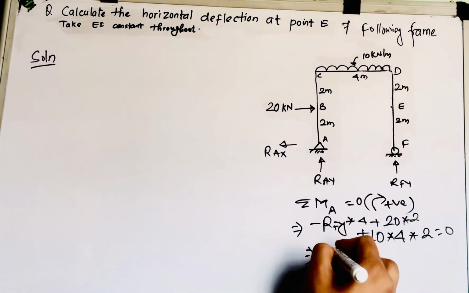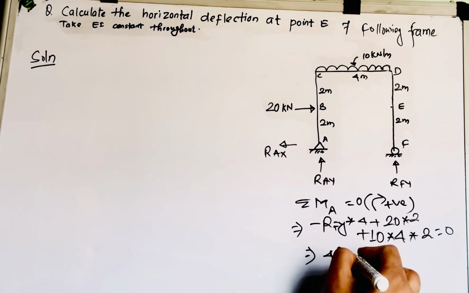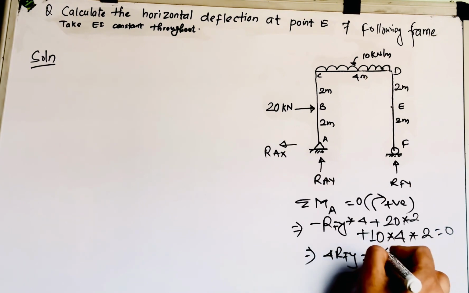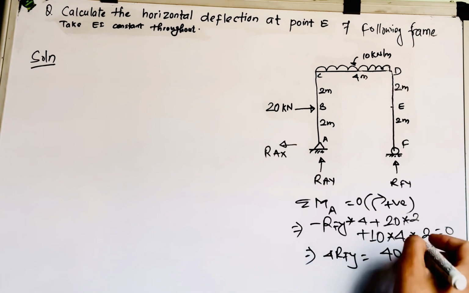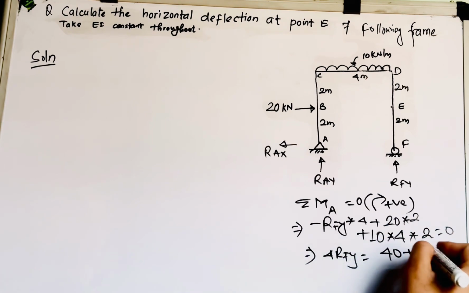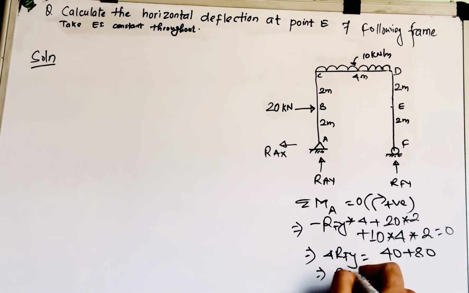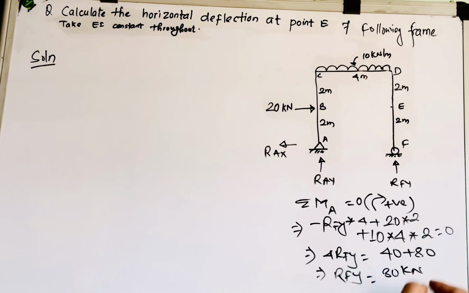If you solve this, 4 RFY equals 40 plus 80, that is 10 into 4 into 2, 80, right? So RFY is nothing but 30 kilonewton in the upward direction.